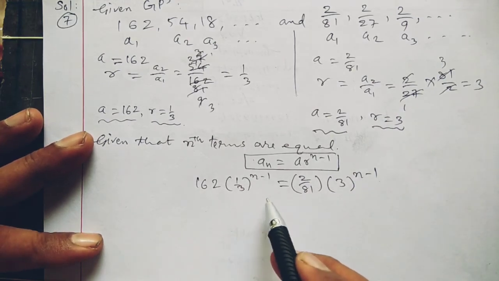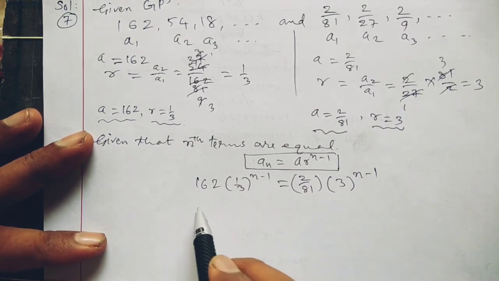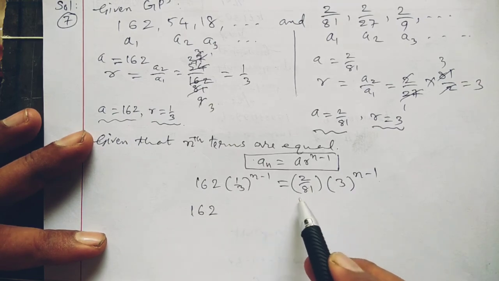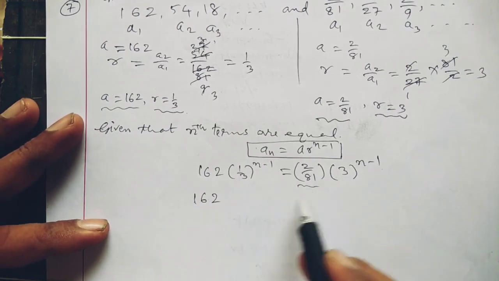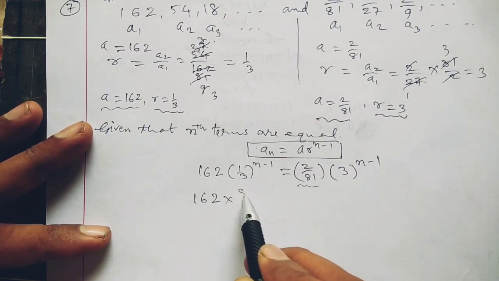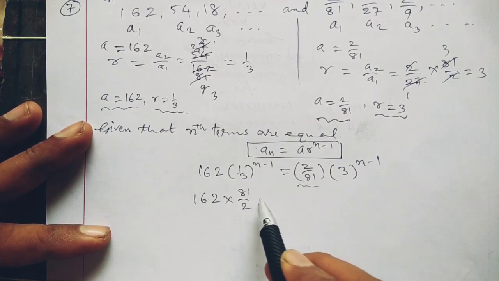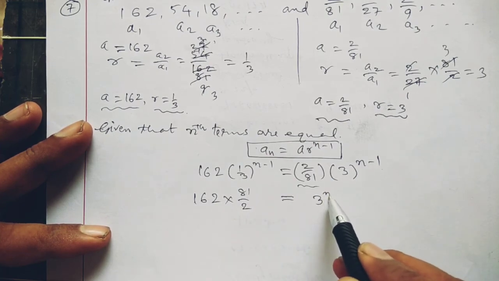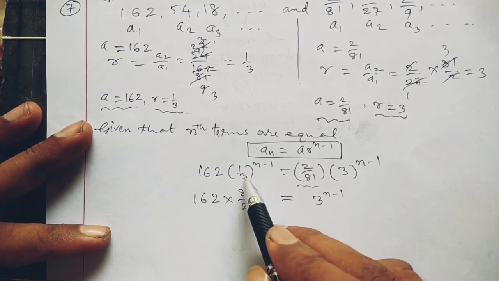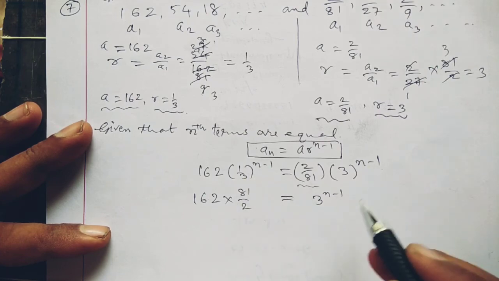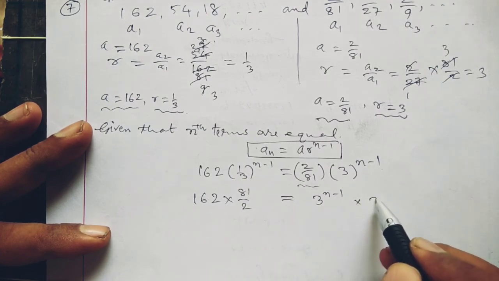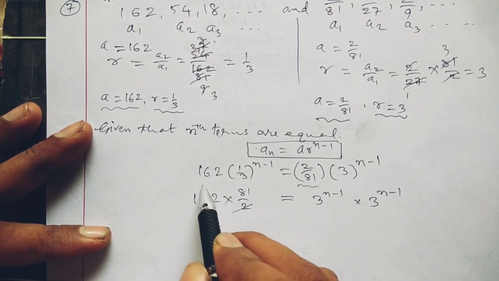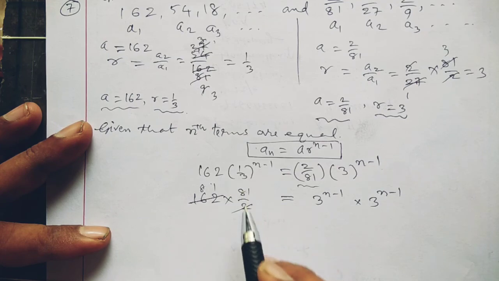Here 162, I will shift this to the LHS into 81 by 2. On the right side, 3 to the power of n minus 1; 1 by 3 will change to 3 by 1, so 3 to the power of n minus 1. 2 ones, 2 eights, 2 ones.